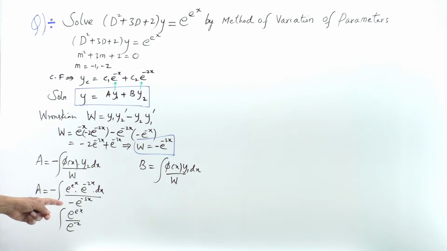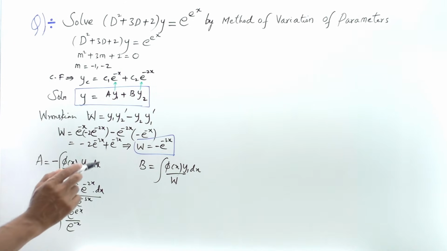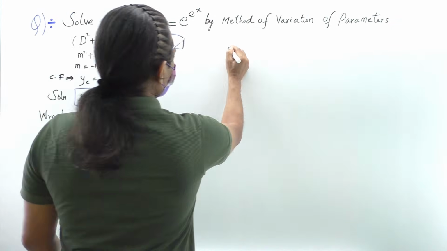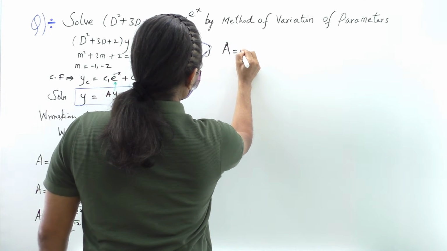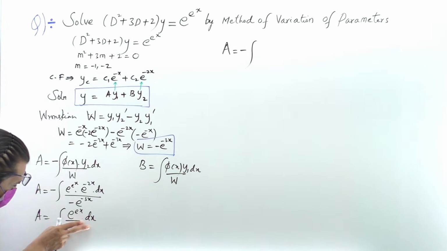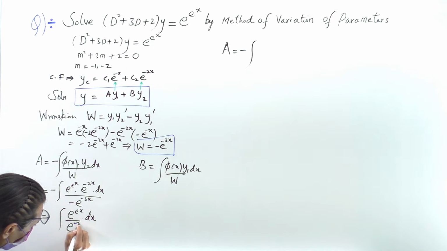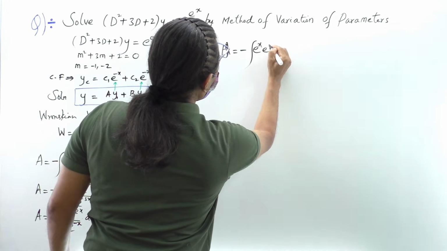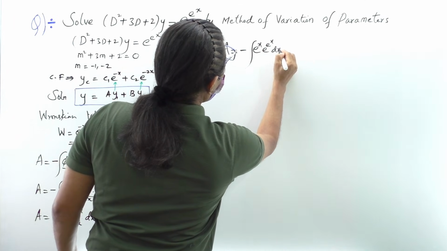Am I right? It will be e raised to minus 3x, minus 2 comes down, minus 3x stays, okay, perfect, into dx. So again I write this as a is equal to minus integration of e raised to, this was what? E raised to minus x. It will go up to become e raised to x into e raised to x dx.